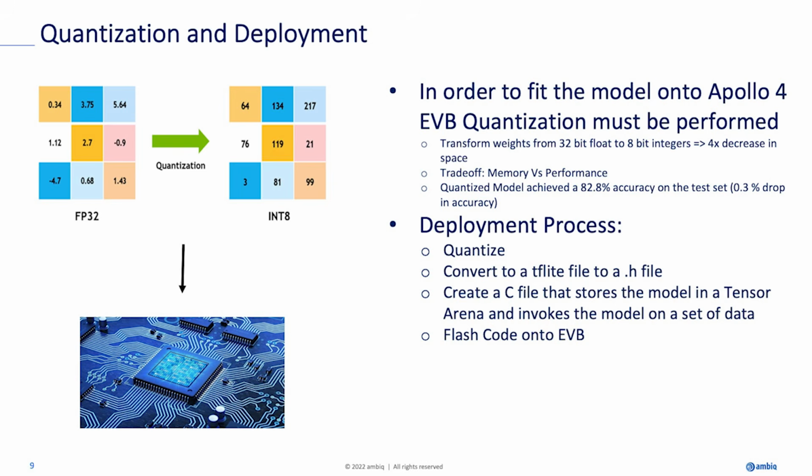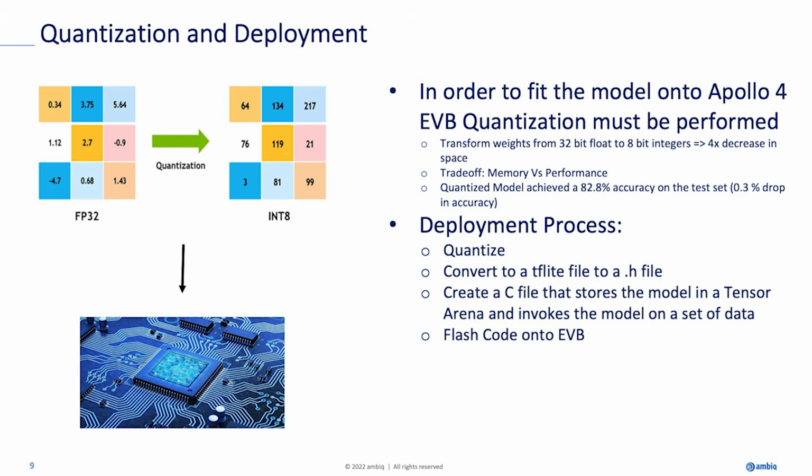The obvious trade-off is that you're fitting the model in less memory, but that does affect the performance, as Carlos mentioned earlier. But in terms of our model, it didn't really have that much of a drop-off. When we ran the quantized model on our validation set, it had 82.8% accuracy, which is only around 0.3% lower than the accuracy we were able to get on the unquantized model.